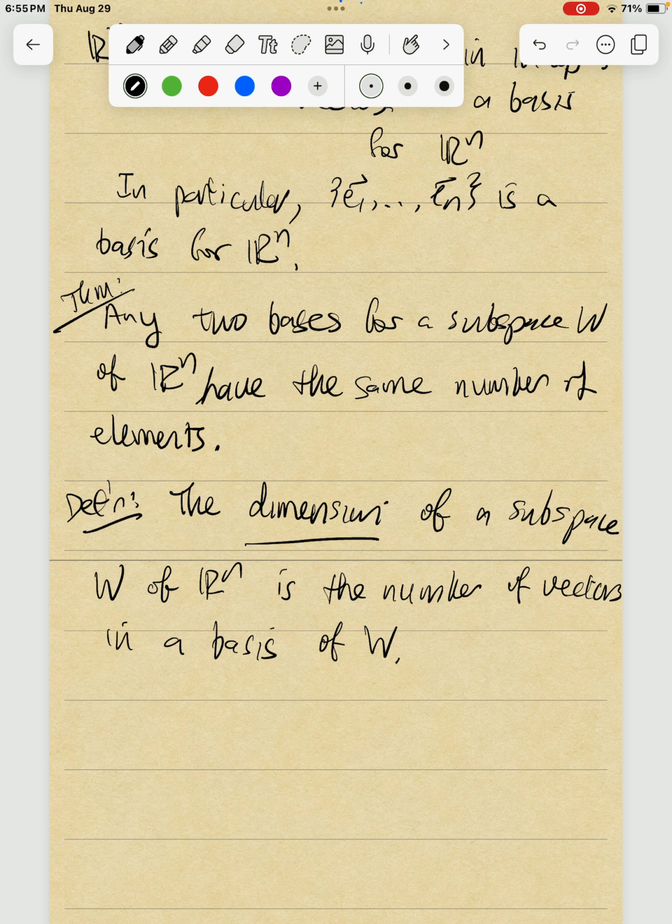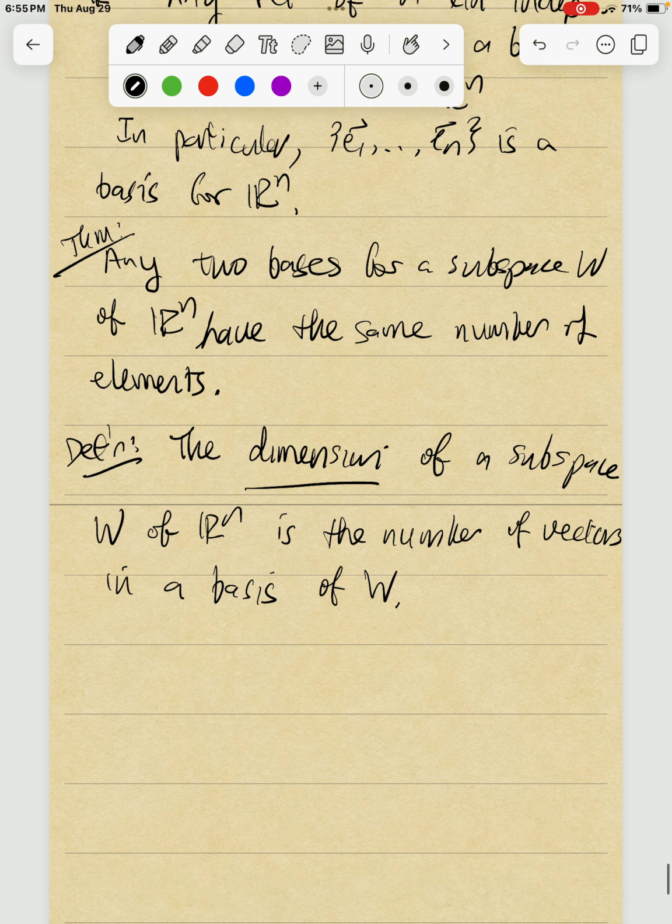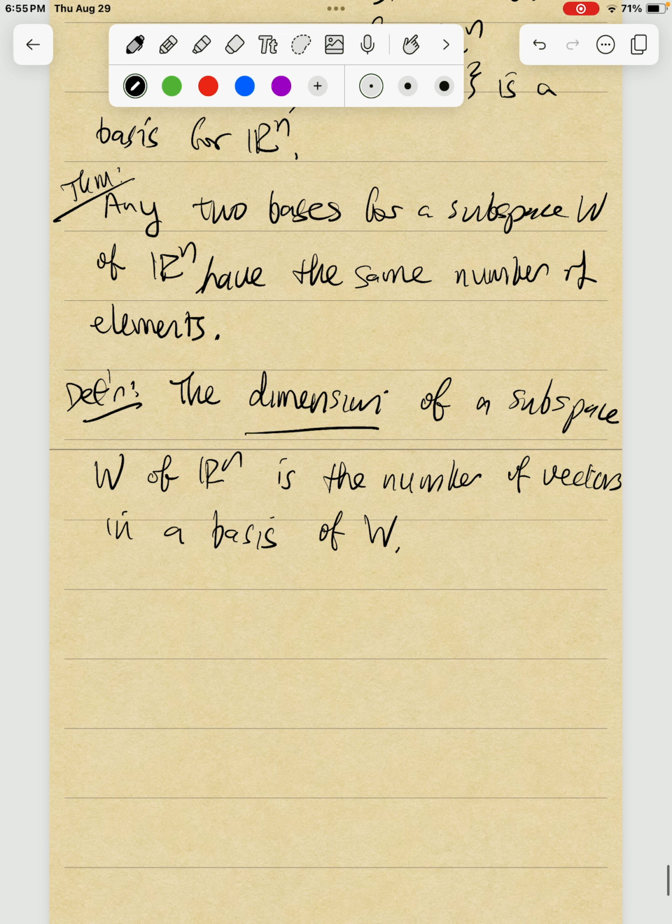And why did we need that theorem to make this definition make sense? Well, because if you didn't know the theorem, then you can pick a basis for W and someone else can pick a different basis for W. And if your basis has 5 elements and that person's basis has 16 elements, then it wouldn't make sense.